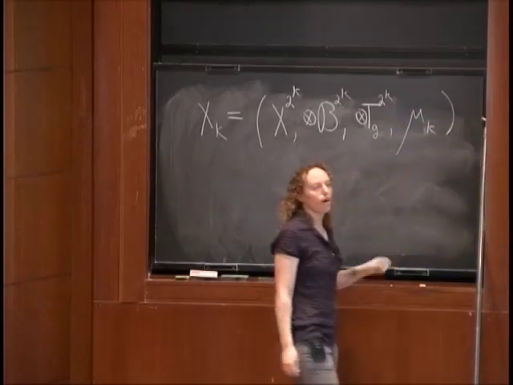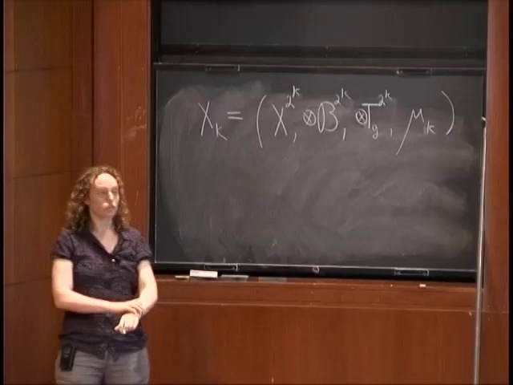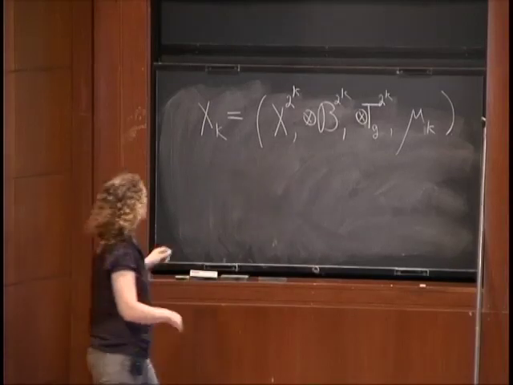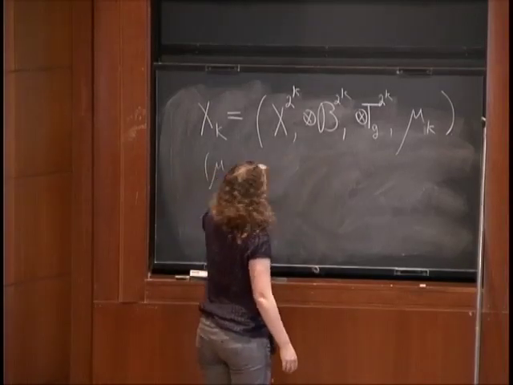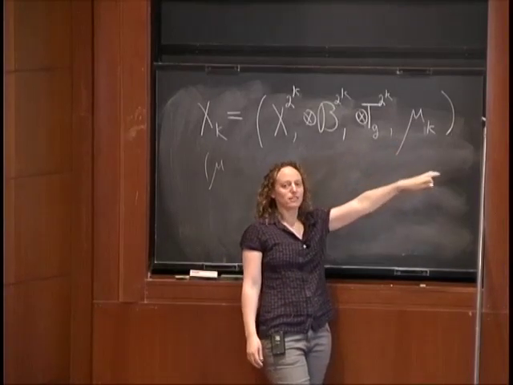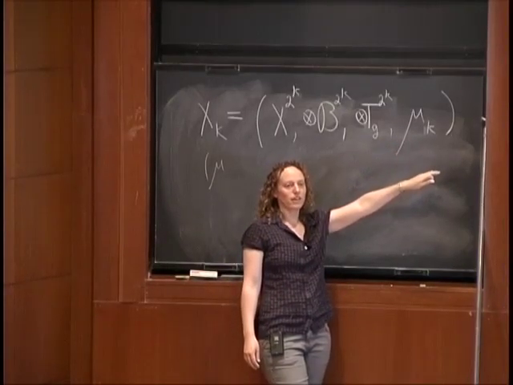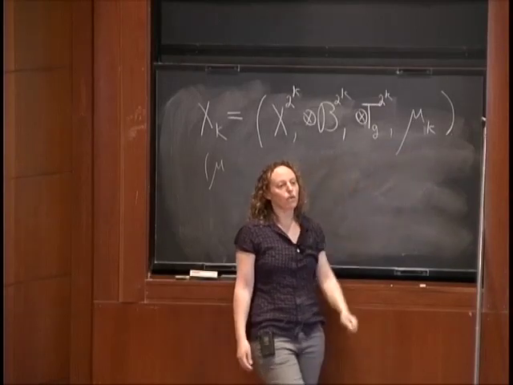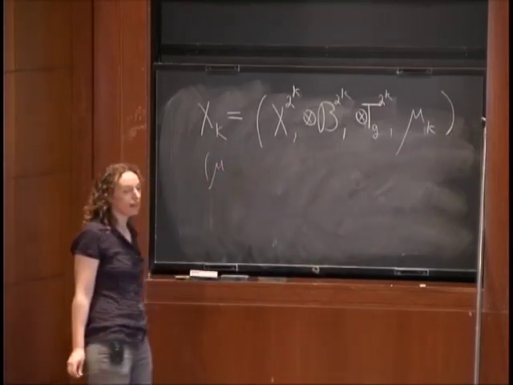I don't know if I'll describe the measure, but I can say something about it. So μ_k, well, one obvious choice for a measure is just to take the product measure. But that doesn't work. It gives nothing. If you take the product measure, you get nothing.